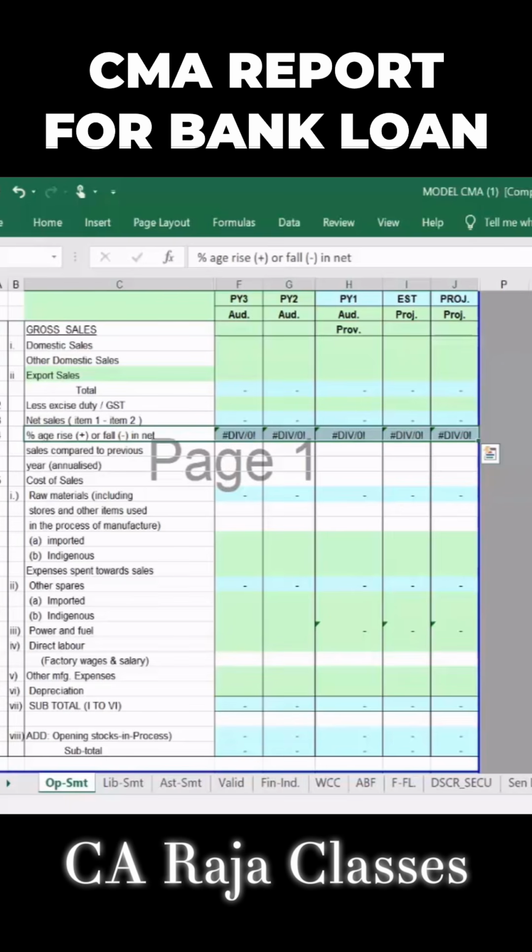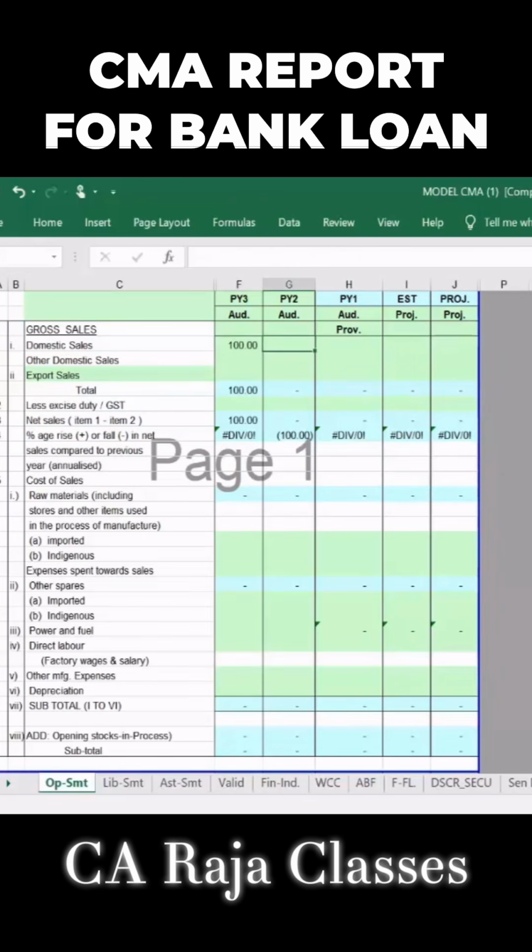If in the past the sales is coming down year after year. Let's say year 3 is 100, year 2 is 80, year 1, that is the latest year, is 75. Then what we can notice is this company is recording a decrease in sales year after year.